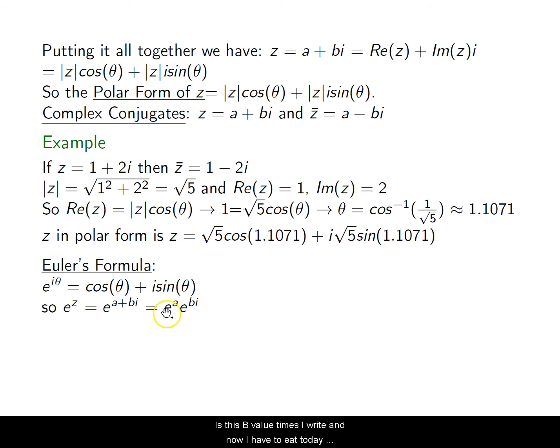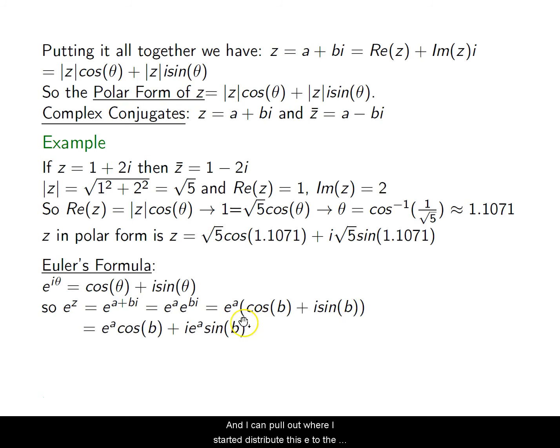And now I have e to the a, so I can write it now in this polar form: e to the a times cosine of b, because the angle portion now is b. And e to the a is on the outside of that, so I'm really just writing e to the a times e to the bi, so cosine b plus i sine b. And I can distribute this e to the a, and I get e to the a cosine b plus i e to the a sine b.